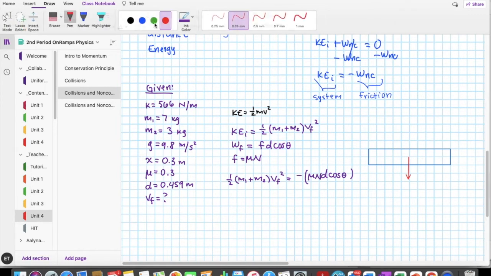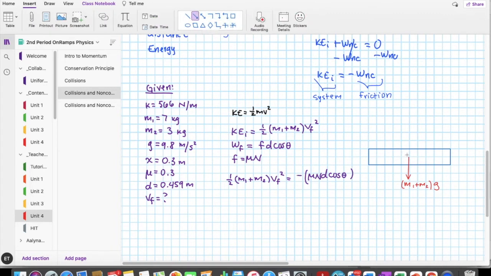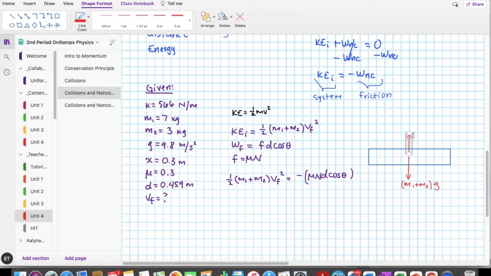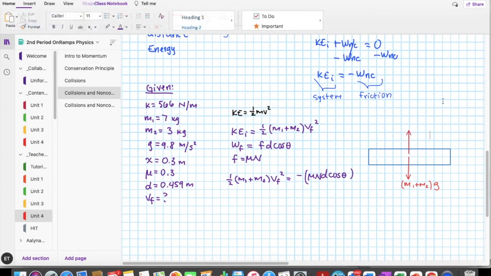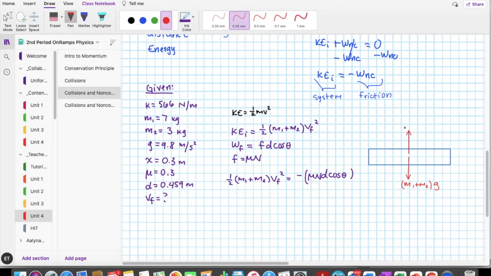Right, so that's the weight, which is mass 1 plus mass 2 times acceleration due to gravity. That's the weight of the system, both 7 kilograms and 3 kilograms. And then there's an equal and opposite force acting against it, which is the normal. Equal and opposite. And then we have the force of friction.